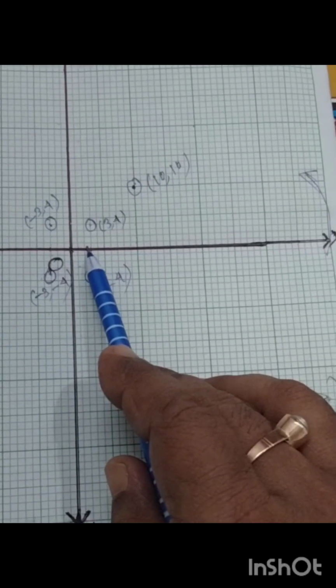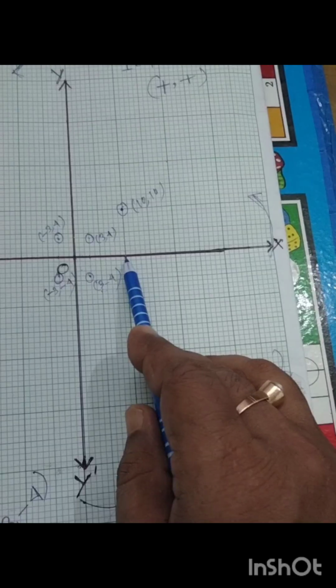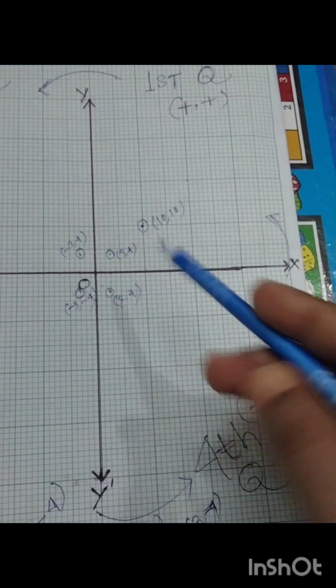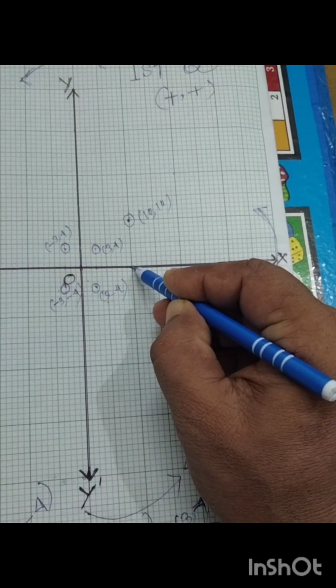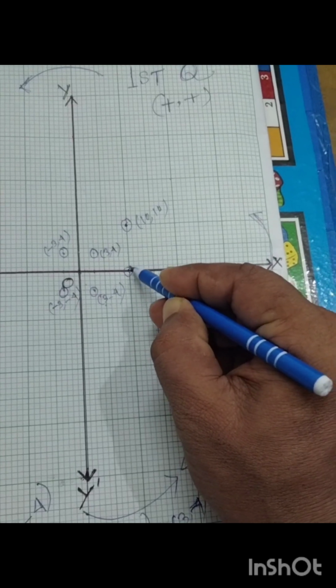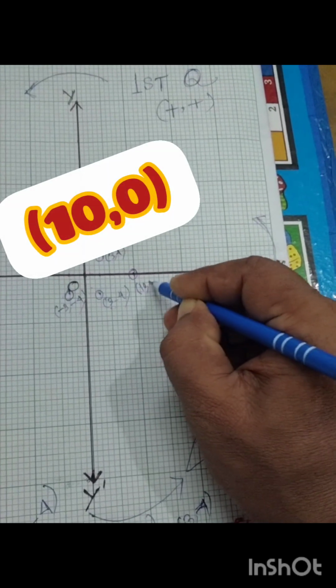Let us count: 1, 2, 3, 4, 5, 6, 7, 8, 9, 10. This is 10, and as the number of y is 0, we can't move anywhere. So we mark the point here and circle it, and this is (10, 0).